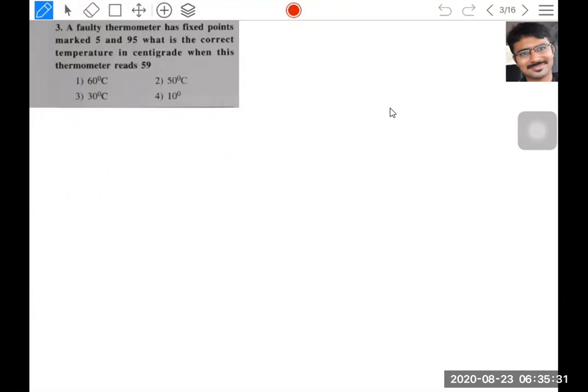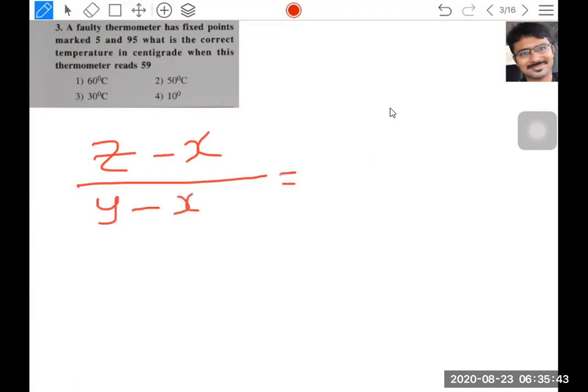Already I told you the formula for the faulty thermometer. In the formula, Z is the reading of the faulty thermometer, X is the lower fixed point, and Y is the upper fixed point. Again, we compare with centigrade because the options are given like that. Why are we taking the centigrade scale? According to the options.